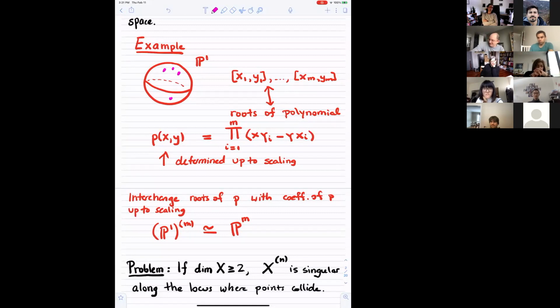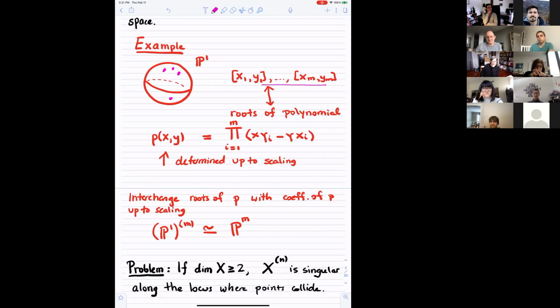Up to scaling, you can write this down: if my variables are x and y, you write x·yi minus y·xi, and take the product from i equals 1 to m. If you do that, you get the polynomial that vanishes on these M points, and as I said, this polynomial is determined up to scaling.